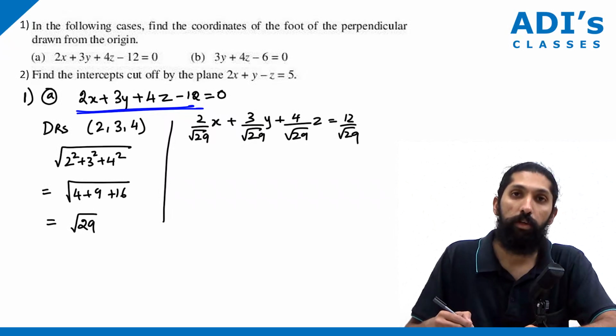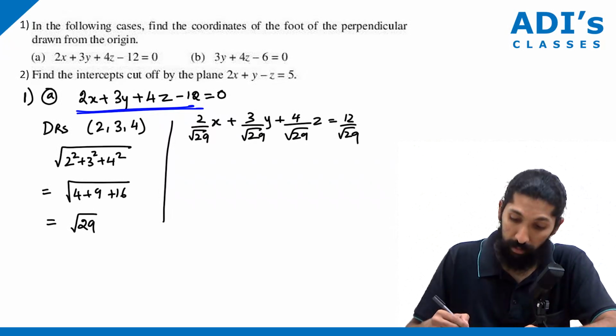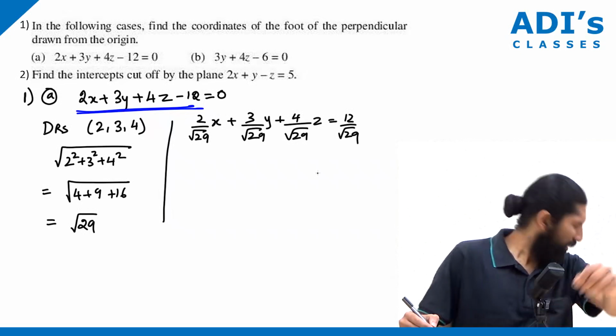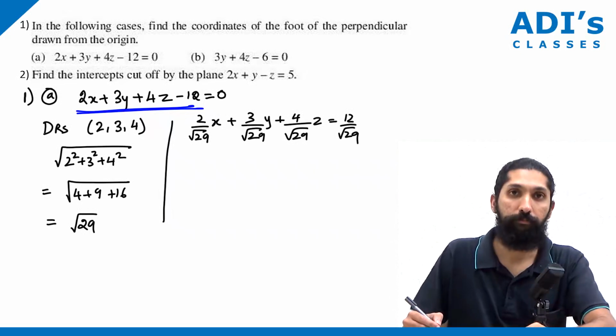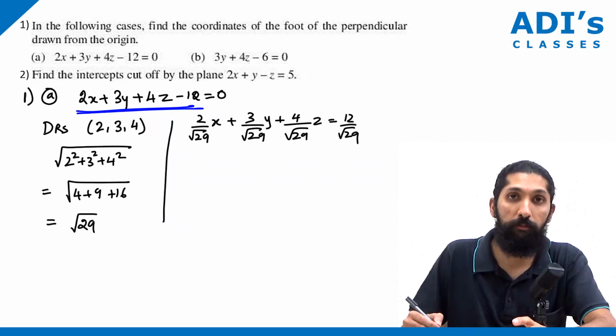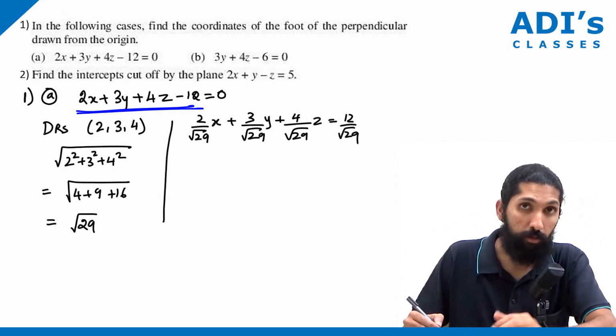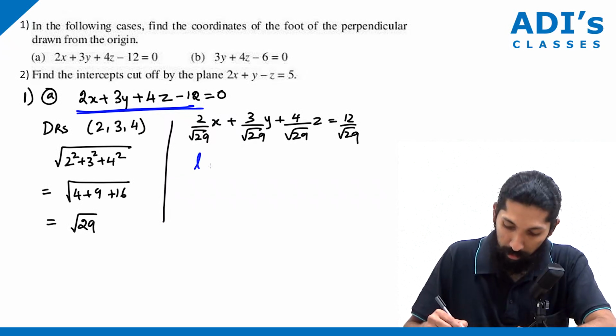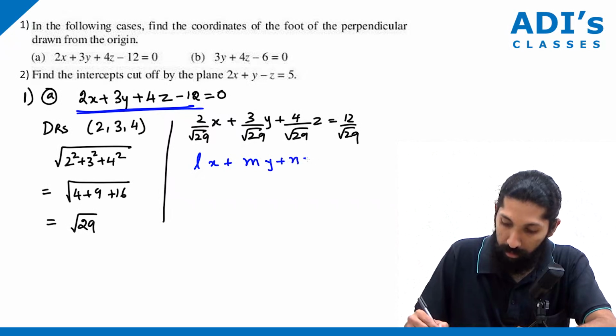Now, this is of the form Lx plus My plus Nz is equal to D, correct? That means if you compare, Lx plus My plus Nz is equal to D.